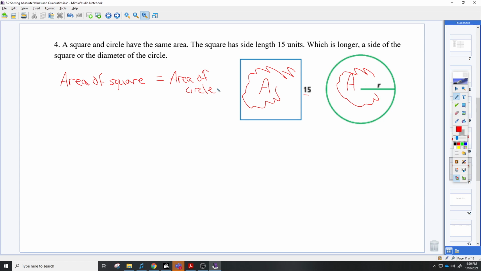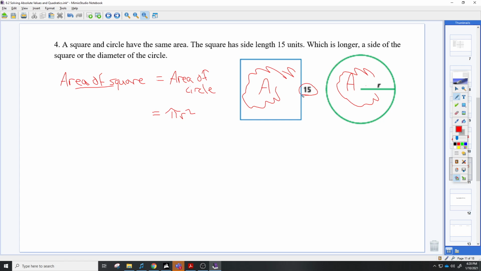So then we just have to think about, okay, what is the area of a square and the circle? The area of a circle, the formula for that, if you remember from a long time ago, is pi r squared, where r is the radius. And so we have r sitting here. And on this side, we have the area of the square. Area of a square just means you take the length times width.